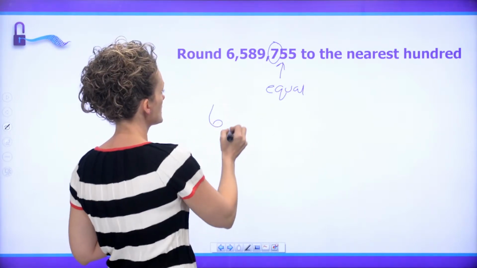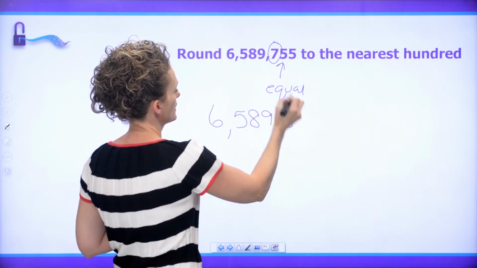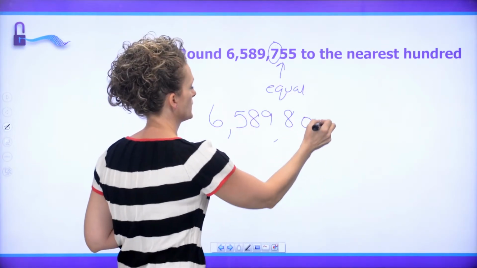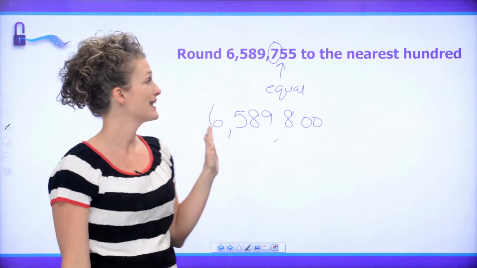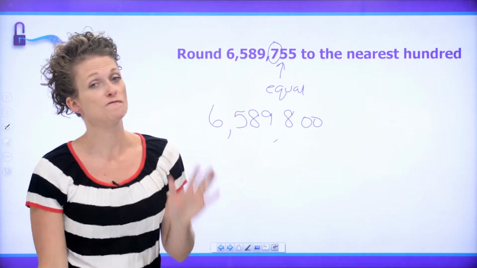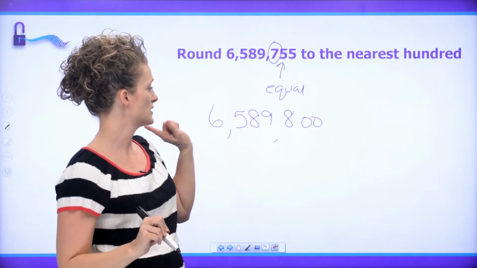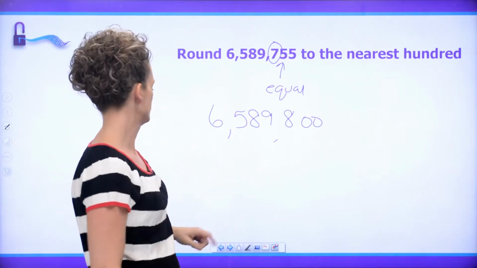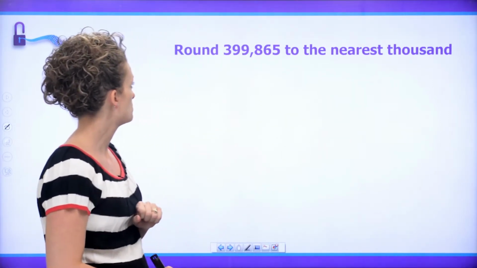So everything else stays the same before it, and the rest of the digits become 0. So 6,589,755 rounded to the nearest 100 is 6,589,800. Again, big number, but not so hard to figure out.